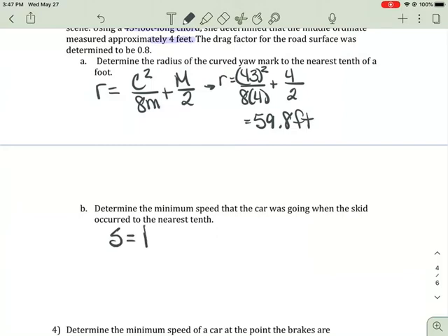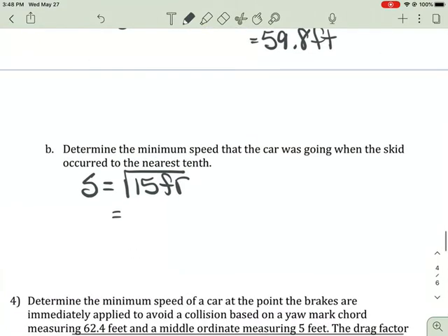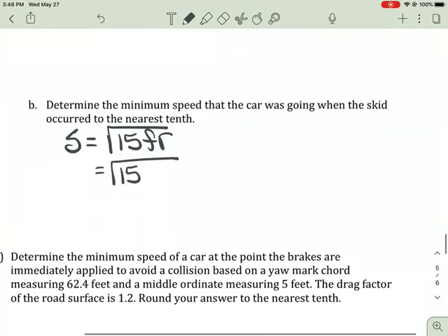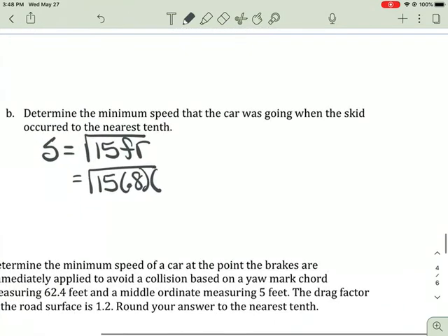So speed is equal to the square root of 15FR. So we're going to do the square root of 15, F is 0.8, our drag factor, and our radius is what we just found, which is 59.8. We're going to multiply those three things together.